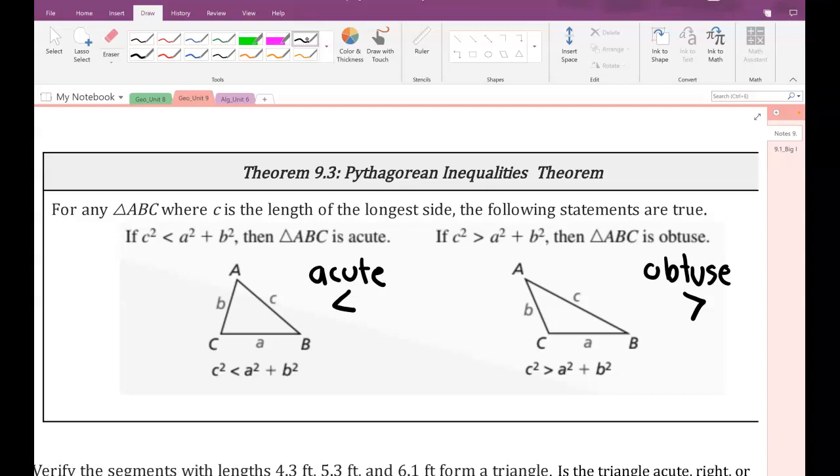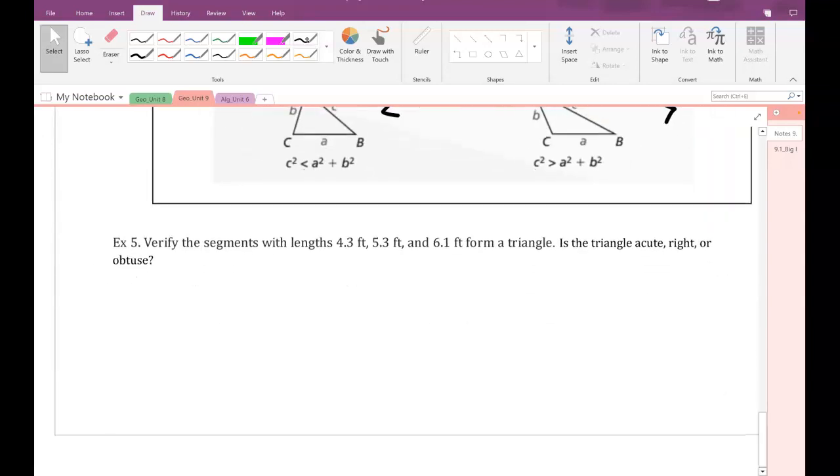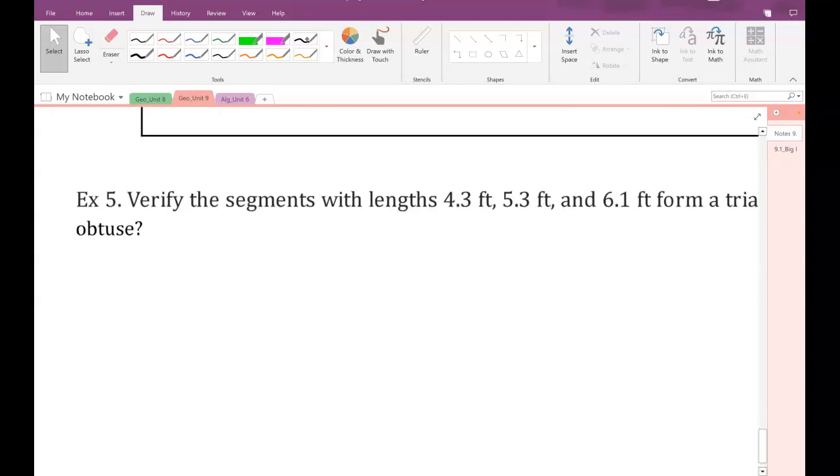So in this last example, the first thing it asks us is to verify that the segments with these given lengths actually make a triangle. So this goes back to semester 1 material. To check that lengths make a triangle, we said that if we add two of the side lengths together, it has to be greater than the third, which this is. If we add 4.3 plus 5.3, that's greater than 6.1.